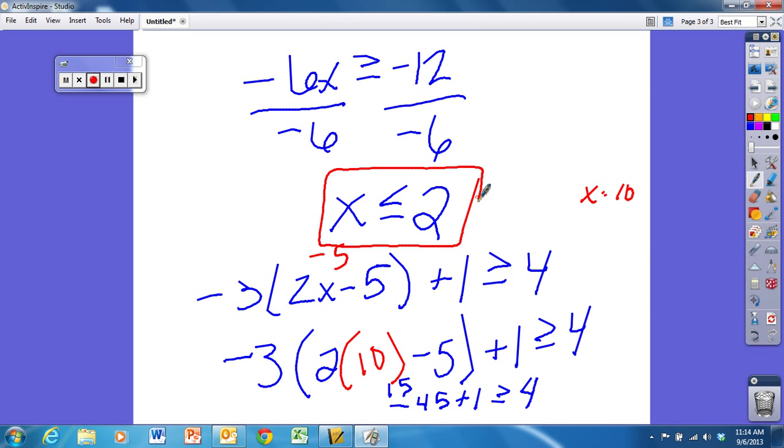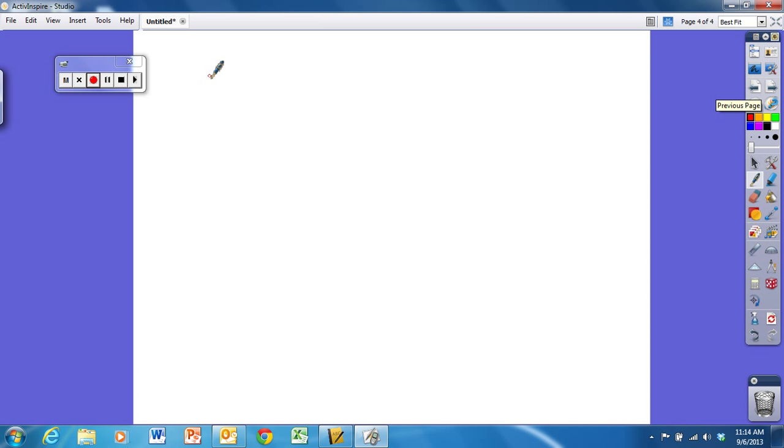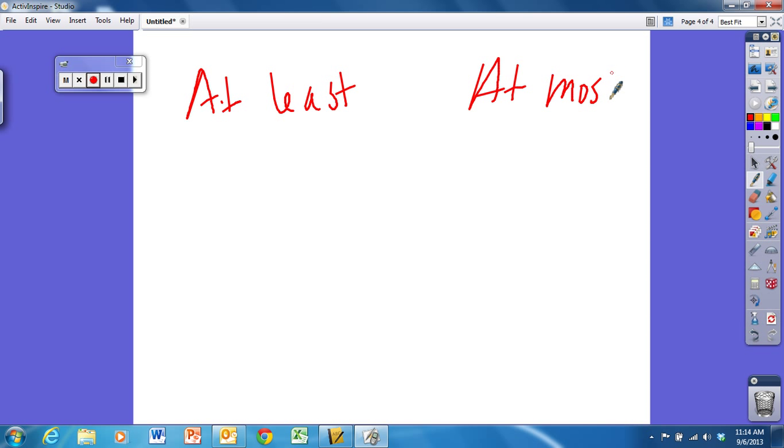Let's talk about some words for some inequalities. For instance, in a word problem, if you see something like at least, or what are some other words? Well, at most is the opposite. At least, think about it. If I say you're going to get paid at least $10 to do this, does that mean you could get paid less than $10?